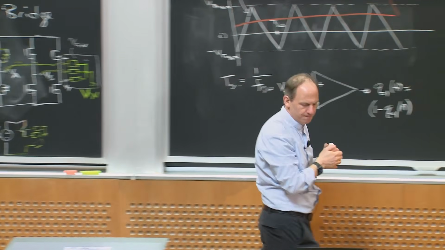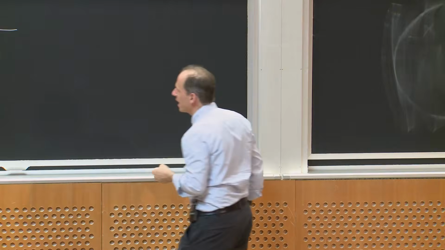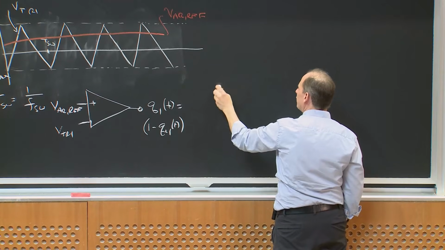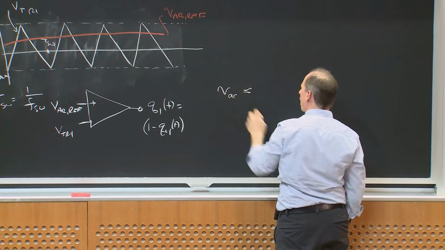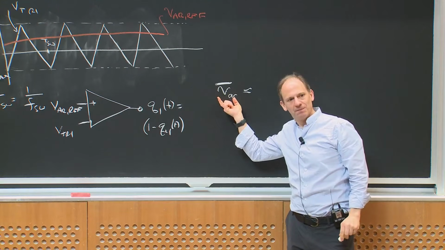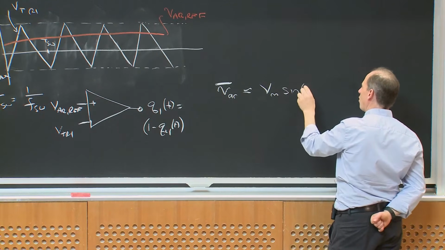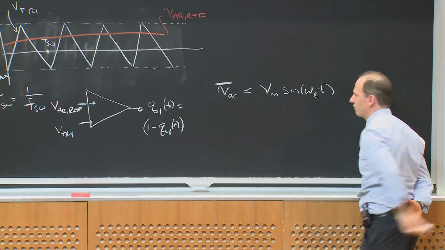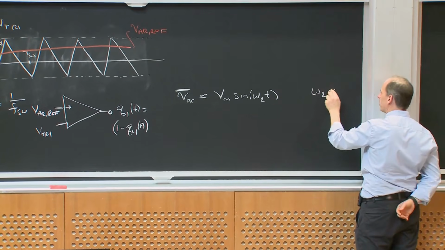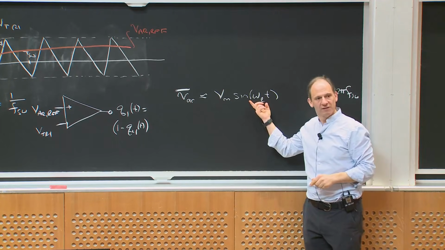So suppose I had a machine and I wanted to create some waveform that looked like VAR on average. I'm going to draw this bar, meaning averaged over one switching cycle. I would like this to be V sub m sine of omega line t, for example, where I'm assuming that omega line is much, much less than 2 pi f switch. That is, this is a very slowly varying sine wave, right?